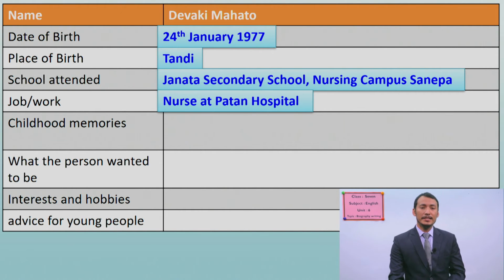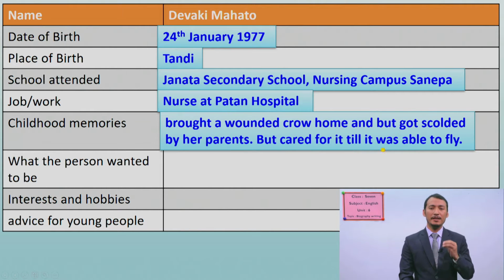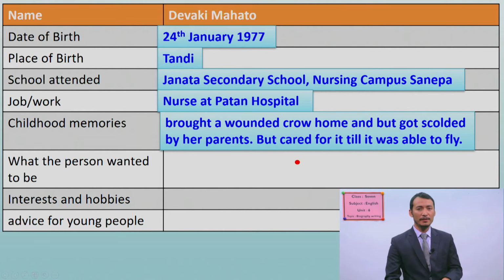And the job she does is nurse at Patan Hospital. And the memory from childhood is that she brought a wounded crow home but got scolded by her parents, but cared for it till it was able to fly. This is one of the memories from her childhood.